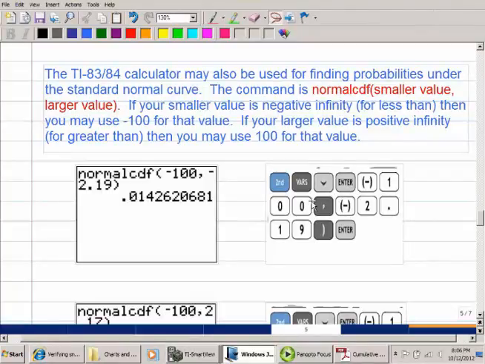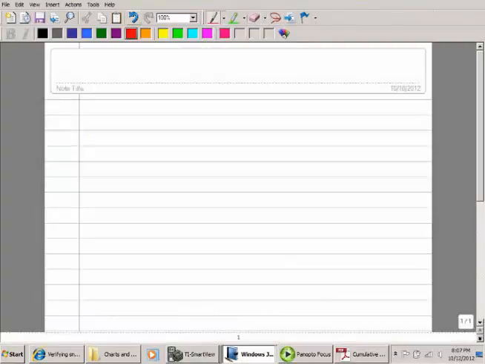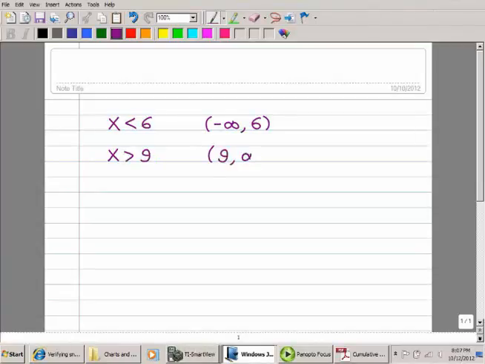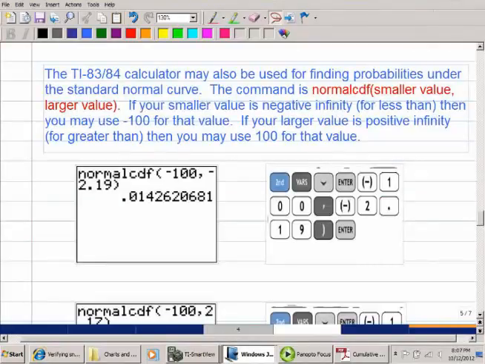So for example, using the ones that we just did for less than, we would have to treat the smaller value as negative infinity. Remember, interval notation from algebra, like if you had less than 6, that would represent negative infinity to 6. Or if you had greater than 9, that would be from 9 to positive infinity. So interval notation from algebra. That's what the calculator wants.